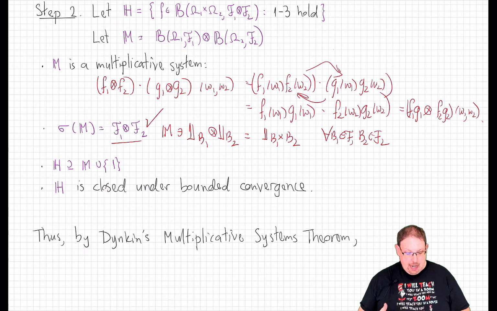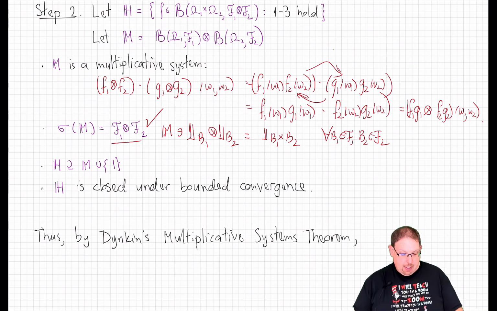Great. Now, in order to apply Dynkin's multiplicative systems theorem, we would like to show that H contains M and the constant functions and is closed under bounded convergence. Okay, so M is contained in H. We already noted that.